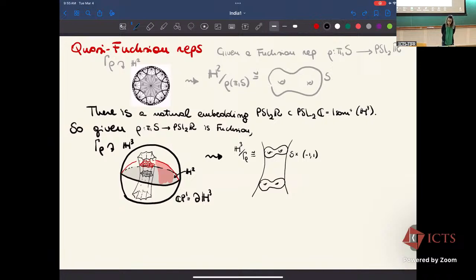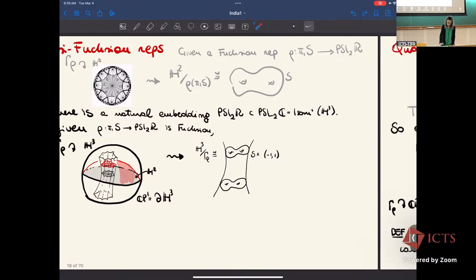When you look at this action on H3, then what's happening is that you have a copy of H2 inside H3 that is preserved, and in fact, all the equidistant planes get preserved under this action. And so when you take the quotient of H3 under a Fuchsian representation, what you see is that at each level, you see your surface, and so you get a 3-manifold that is homeomorphic to S times R.